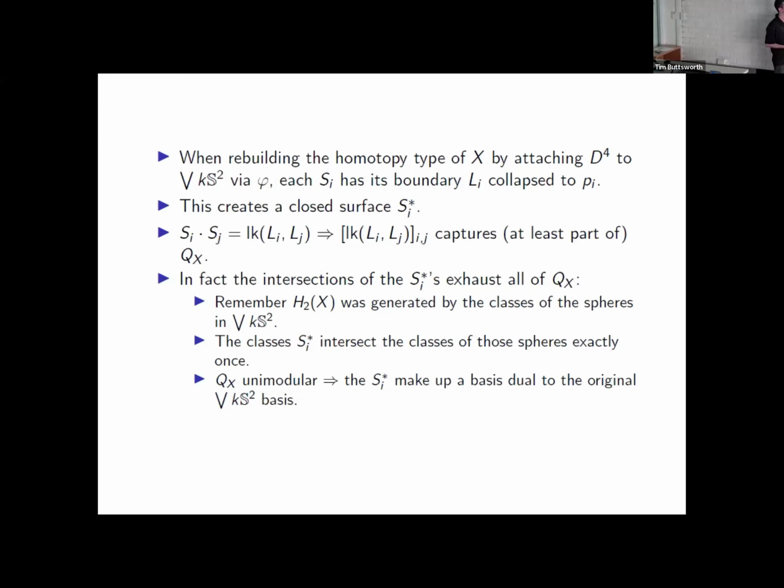Well, start with the basis here, push everything forward by Poincare duality to get a dual basis, and then you can bring everything back. Anyway, if it's not clear why this is true, it's just an exercise in Poincare duality. Okay, so this gives me the entire intersection form.